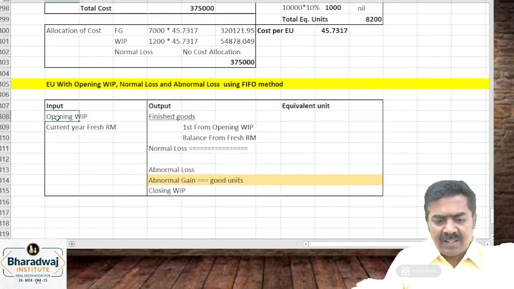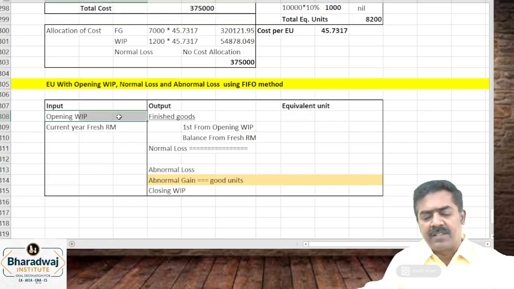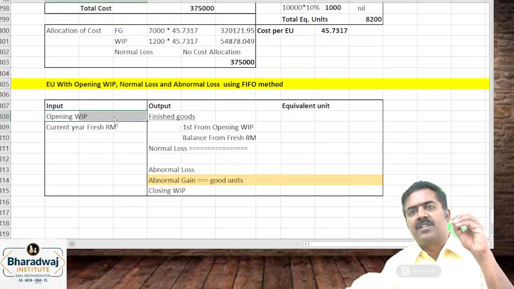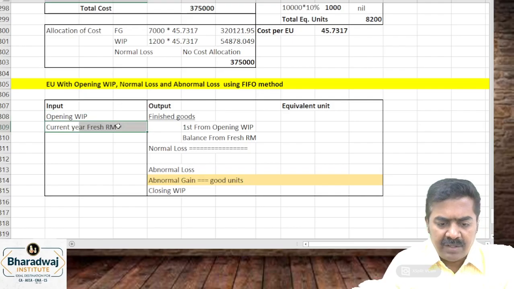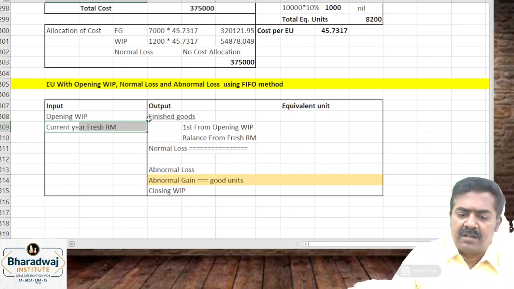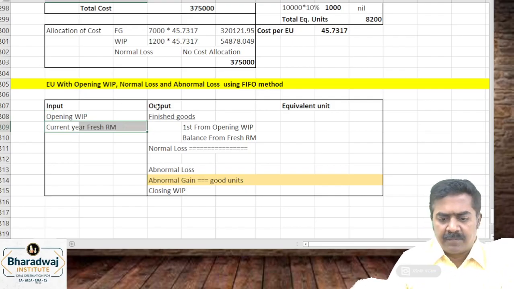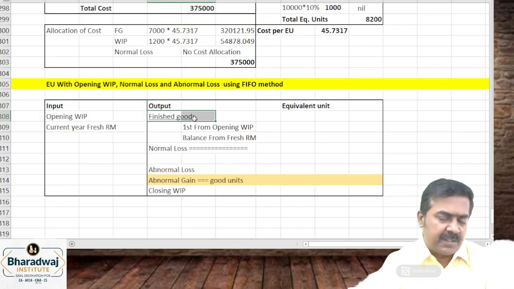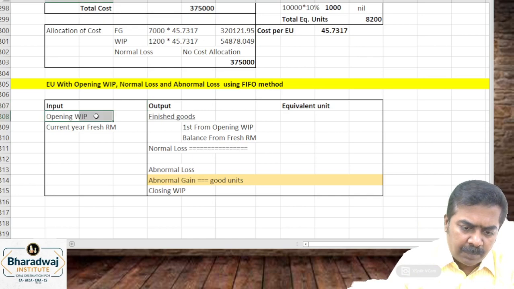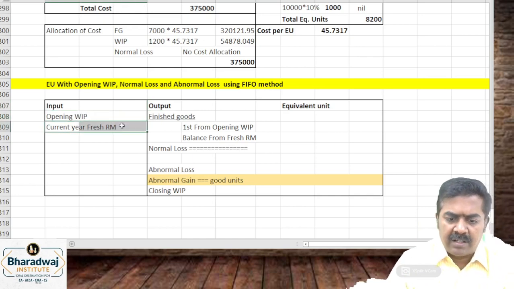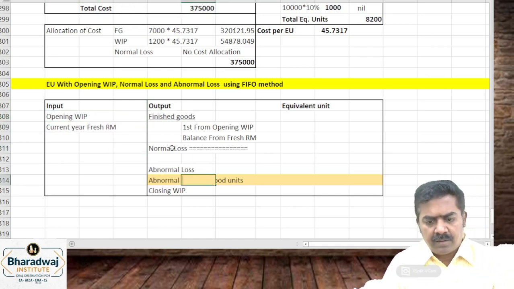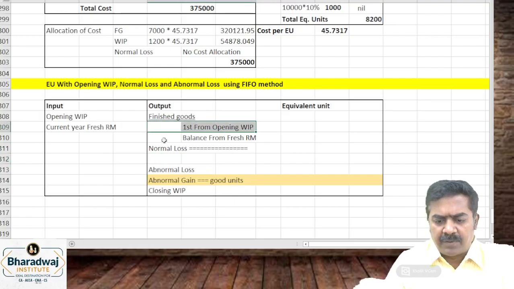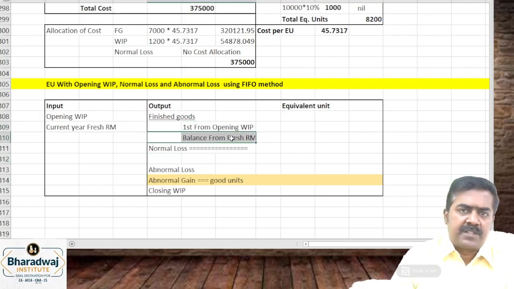Okay. Input. Opening WIP is nothing but at the beginning of the period, there is work in progress. We introduce current year fresh raw material. Output: the finished goods. Which one will you finish first? Will you take opening WIP first or current year fresh raw material first?